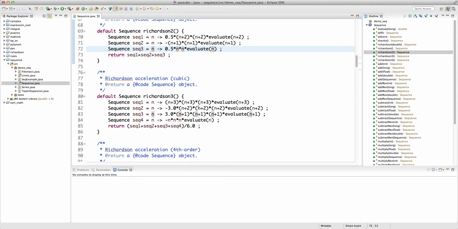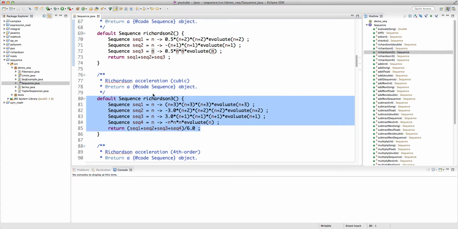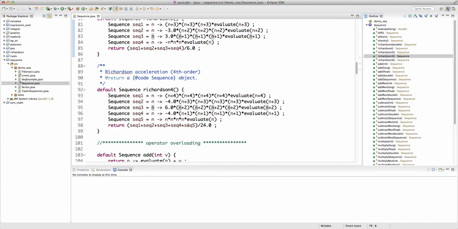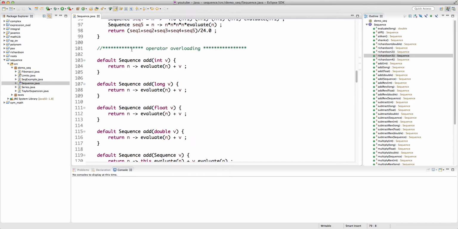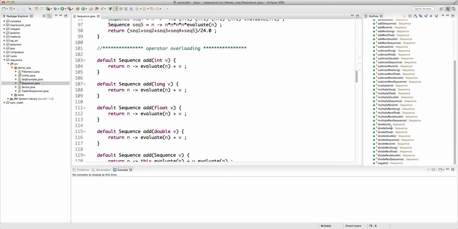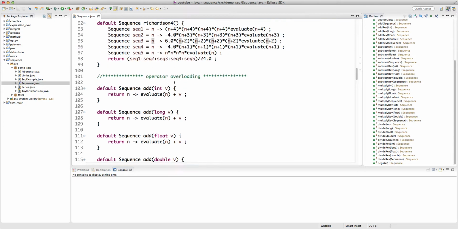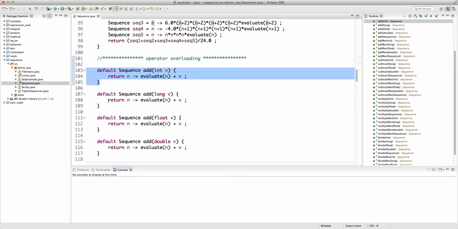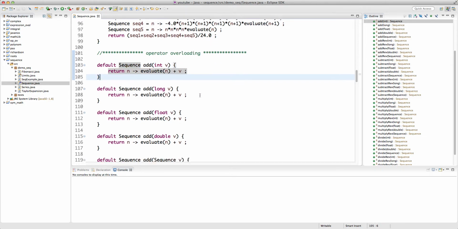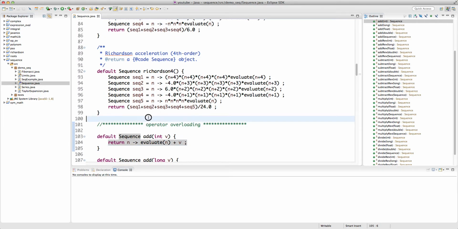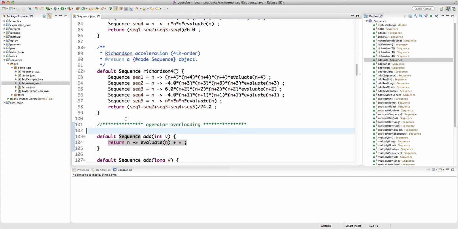And then the cubic, the third order Richardson, and the fourth order Richardson. All right. And if you recall, we had all these methods: add, subtract, multiply, divide, and negate, to add the capability of operator overloading for our sequence. So now if we use the plus operator on two sequences, the result is another sequence. All right. So that makes some of the calculations in terms of writing the code easier for us.